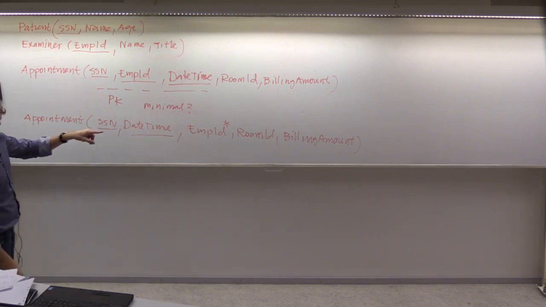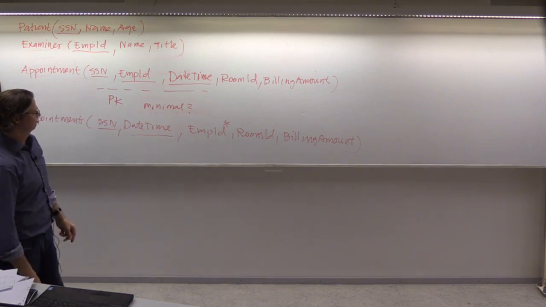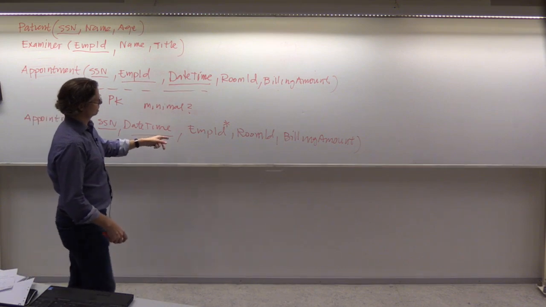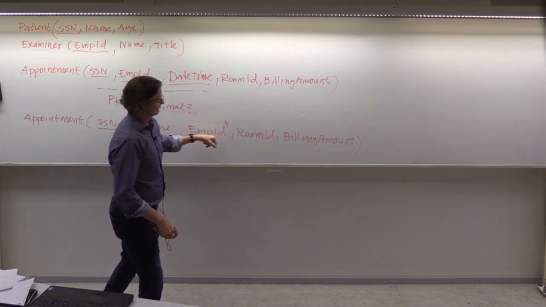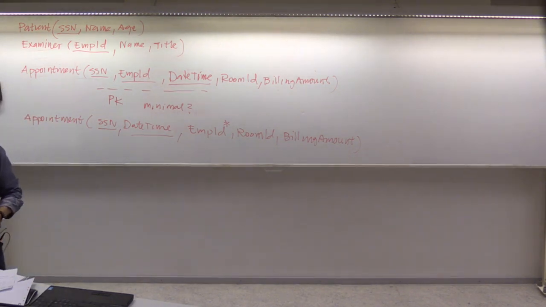And having a look at the non-key attributes here, are there any functional dependencies between those three? Well, I think we can find one if we want to, but if we don't, we're okay.